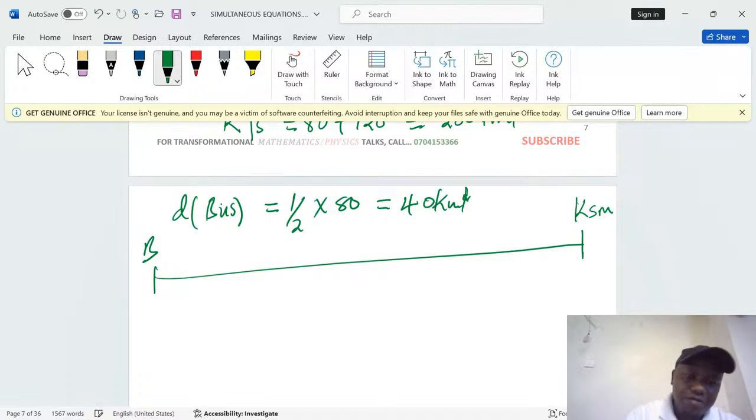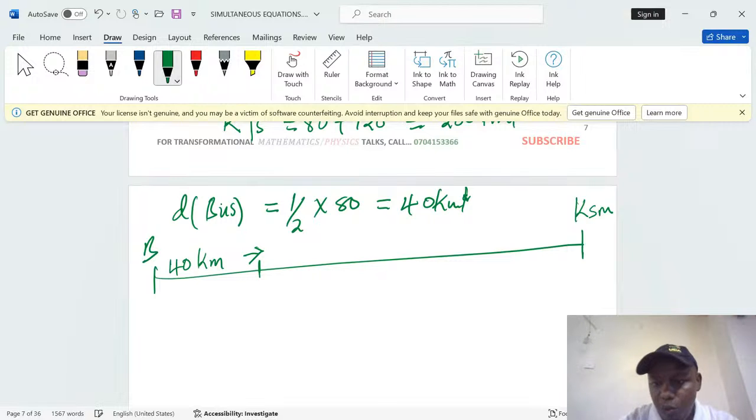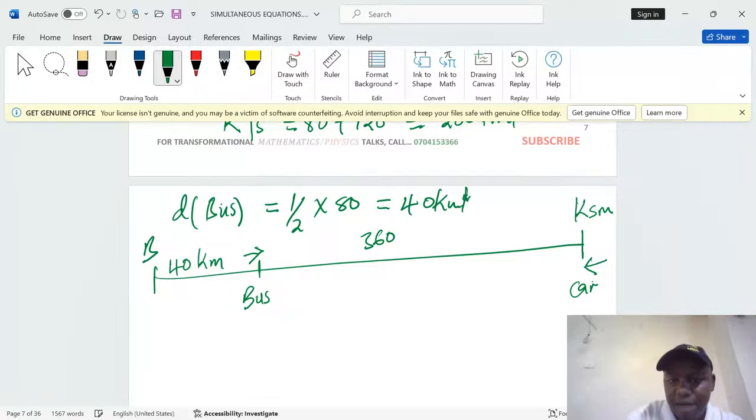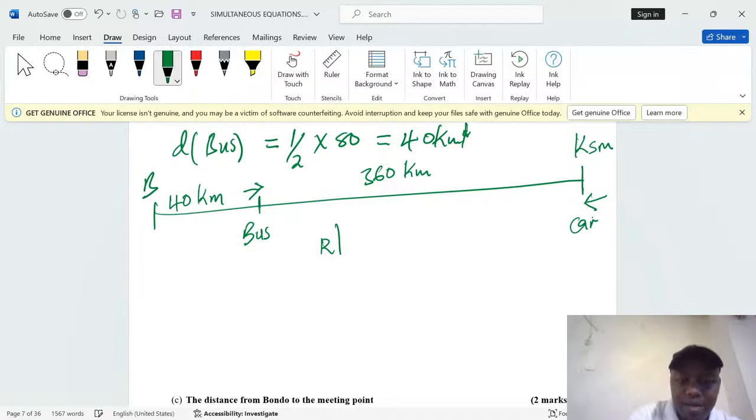We are talking a total of 400. Therefore, if one vehicle has narrowed 40, then it means by 8:30, when the car is starting, the bus is at some point. So the car is starting here. The bus and the car are having a distance of 360 kilometers between them. So that is the relative distance now.